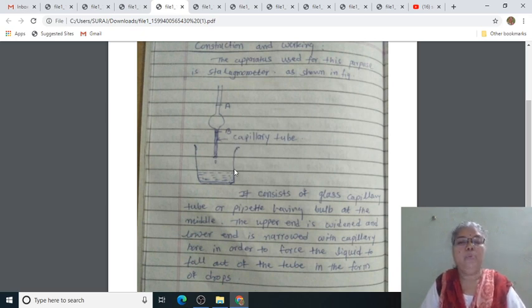Then suppose N1 is the number of drops of liquid 1 and N2 is the number of drops of liquid 2, and the volumes of one drop we can calculate as phi divided by N1 and phi divided by N2. It is the volume of one drop, and then the mass of one drop we can find as phi divided by n1 into d1 and phi divided by n2 into d2.